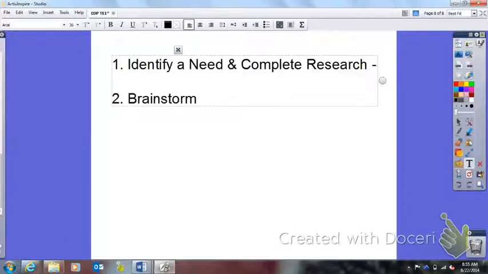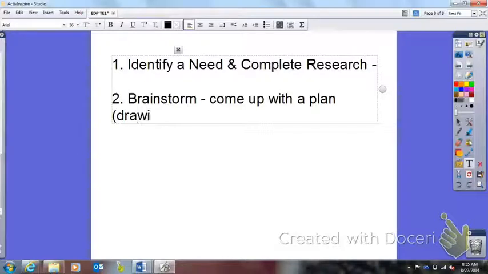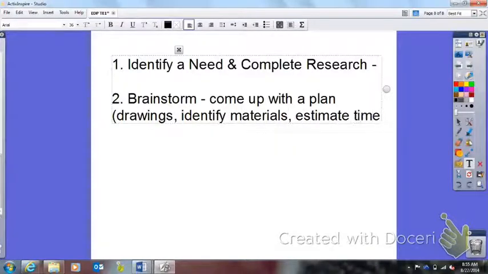Okay, and when you brainstorm about something, you need to come up with a plan. Okay, now guys, this includes, you need to make drawings. Okay, you need to identify your materials that you plan on using. All right, and you also need to estimate time and cost. Okay, so all of this goes into your brainstorming or thinking about your plan.